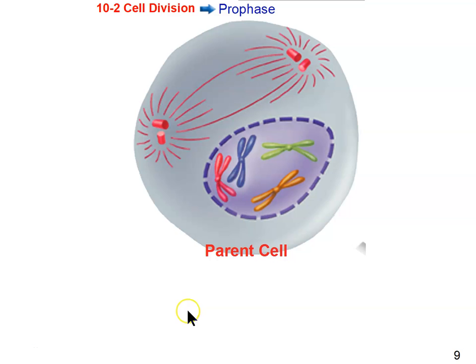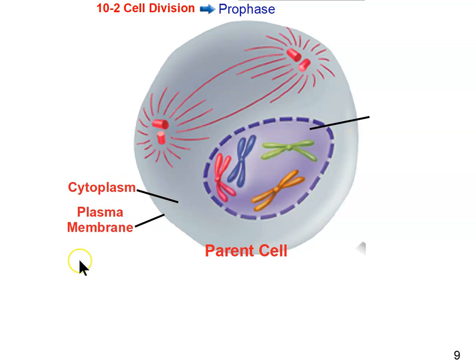So here we have prophase, and we're going to start off labeling everything. Of course, this is a parent cell that's undergoing mitosis and cytokinesis, cell division overall. So we've got the cytoplasm, the plasma membrane, and it's a good exercise to label these whenever we have a diagram like this to remind yourself of what everything is and the terminologies, because I throw around terminology rather quickly as I'm describing things and explaining things.